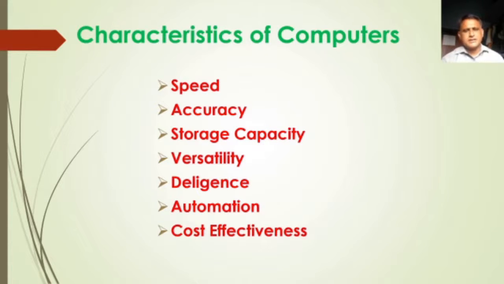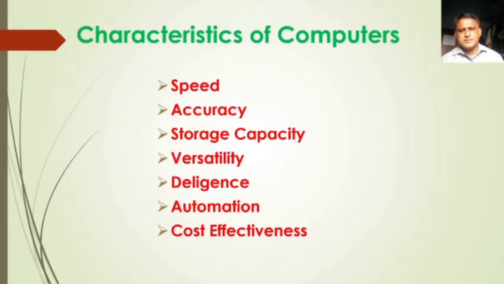It works at very high speed, and a job which takes months and years together by human beings can be carried out on a computer within a fraction of a second. That is how fast the computer works.